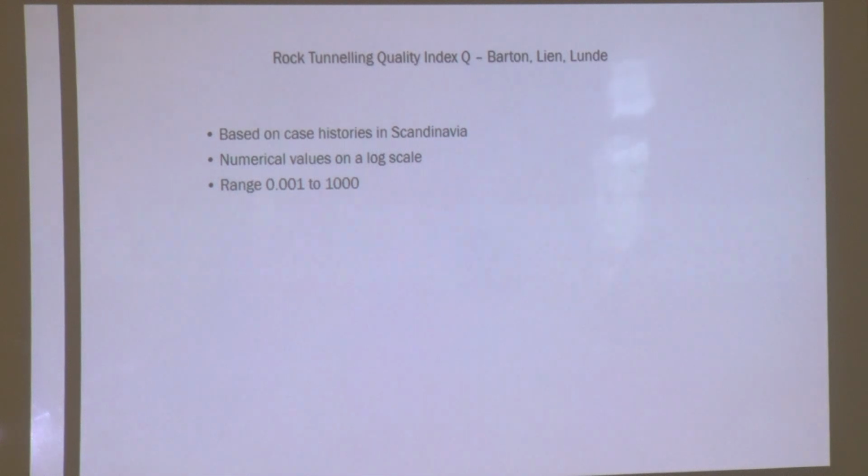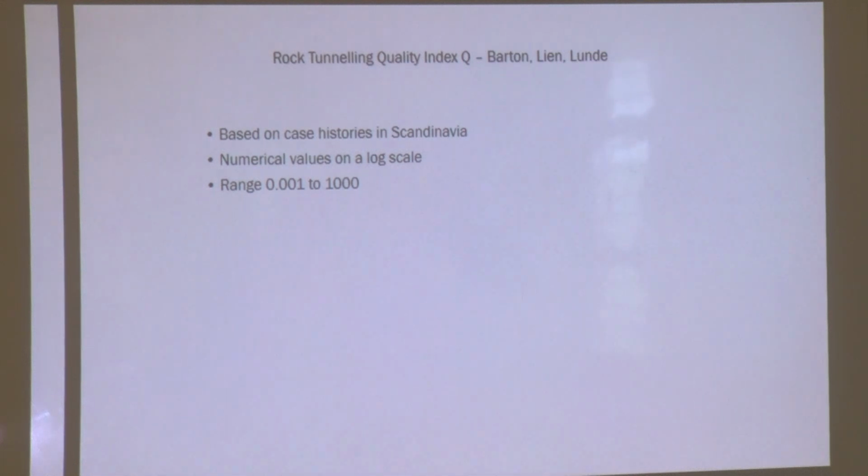After that, there are different limitations of the RMR system, particularly in hard rock and very jointed rock in deep tunnels. So people thought we need to take care of this with a different classification system, and one such system was proposed by Nick Barton and his team.